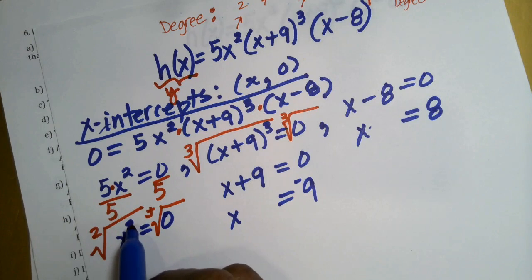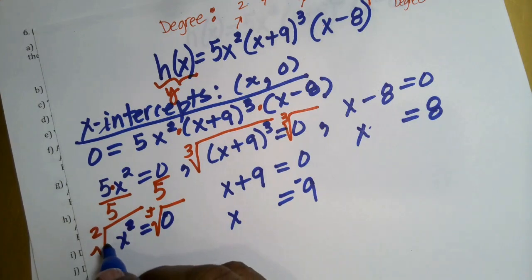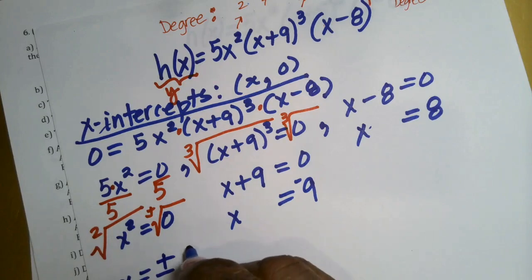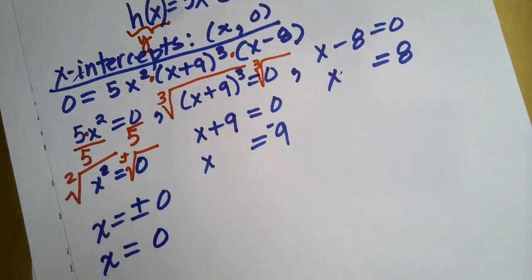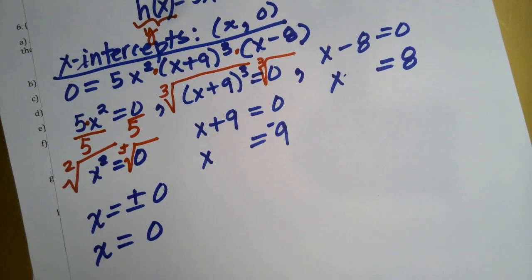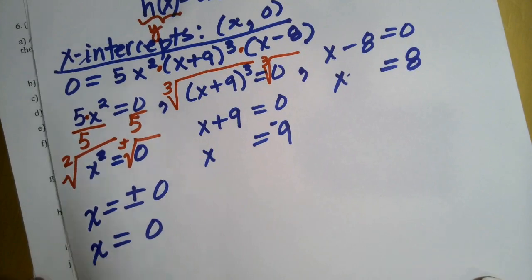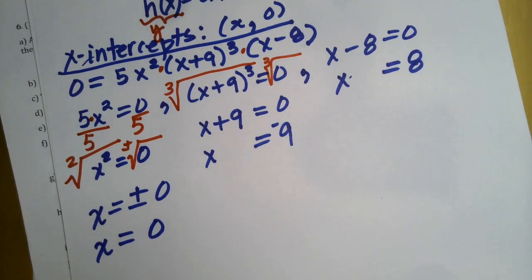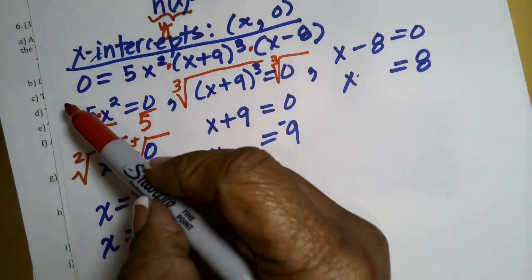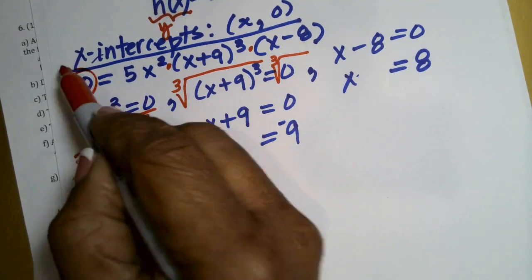The square root of the squared power becomes a power of 1, or simply x. The square root of 0 is 0. 0 is neither positive nor negative. It's just 0. So now we have our 3 x-intercepts, and the problem wanted them in a comma-separated list. If we wanted to, we could list these as ordered pairs. Remember, we allowed y to be equal to 0.